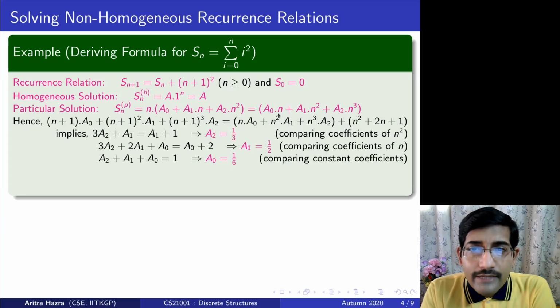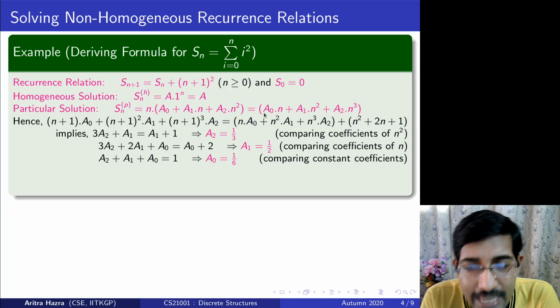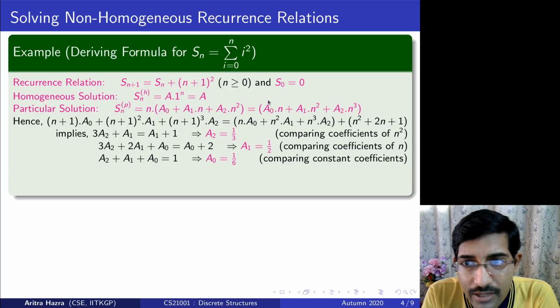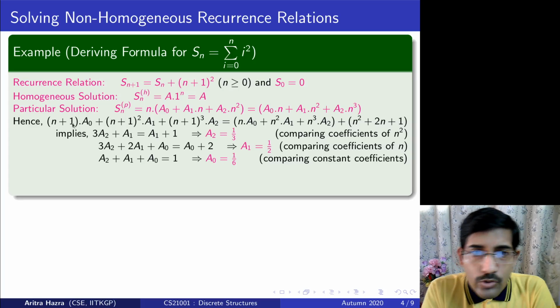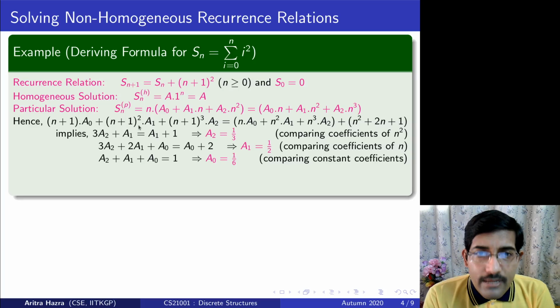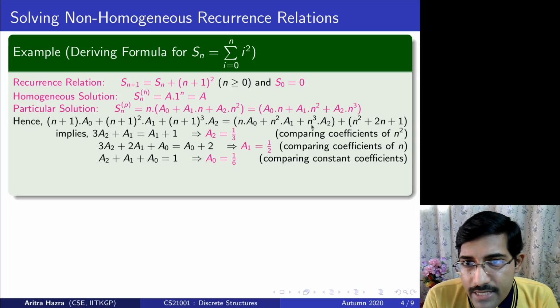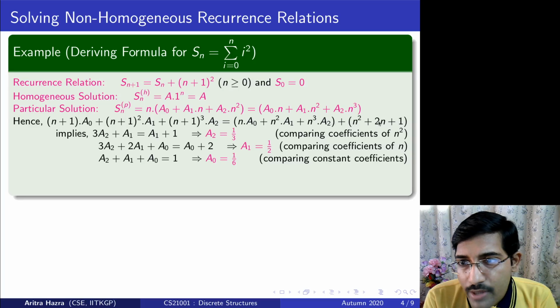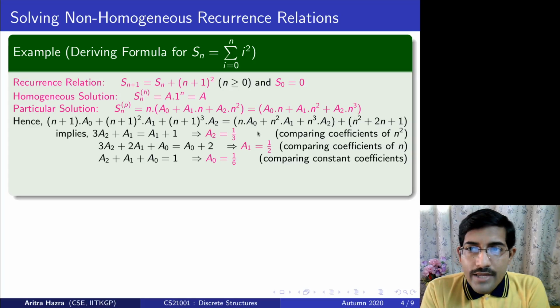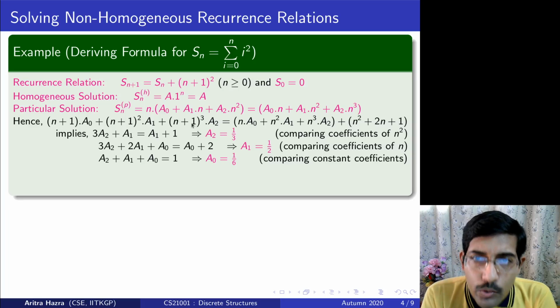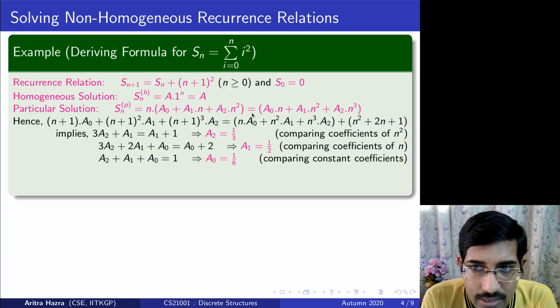And finally, I will go by the same methodology: put this in the original equation to solve for a0, a1 and a2. So the original equation says Sn plus 1 is this part. Easily you can see I have just changed n into n plus 1. Sn is this part, and the square term n plus 1 square is this part. So if you try to match the cube terms, n cube a2 just cancels out.